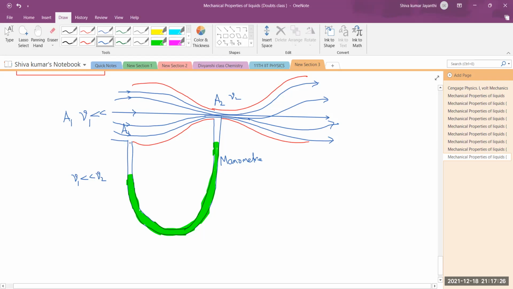So यहाँ पे high pressure to low pressure, no, pressure difference will be there. That pressure difference के वजह से, what will happen? Liquid will be pushed downwards. So this difference in the heights.